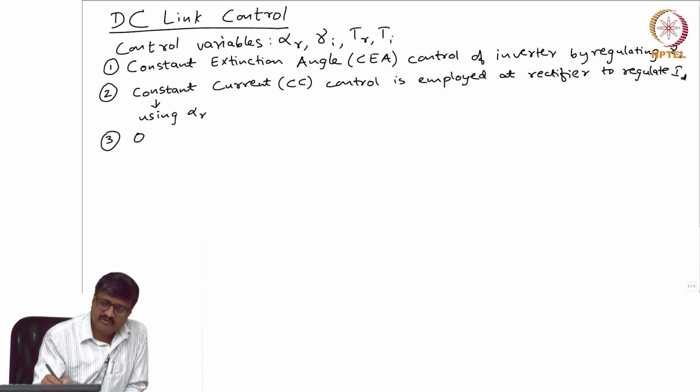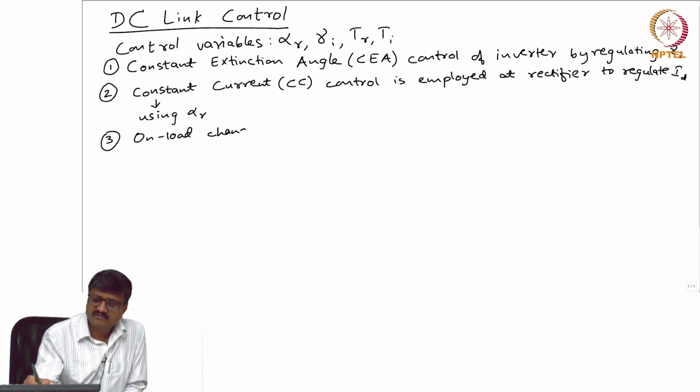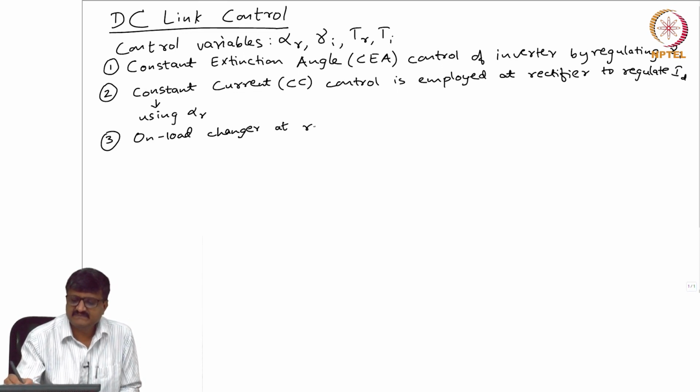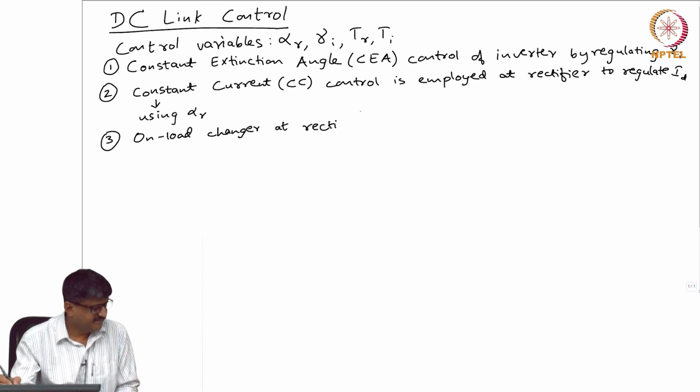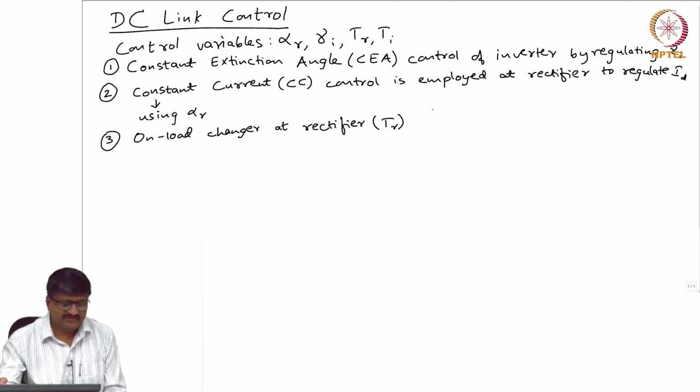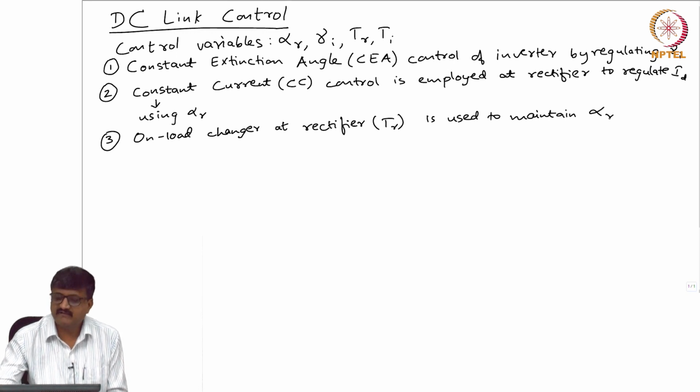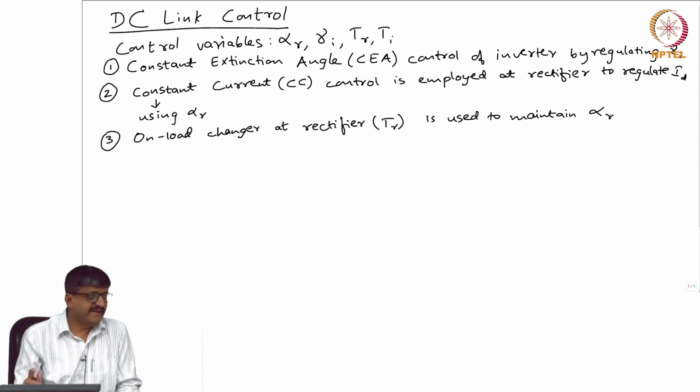So, the on-load tap changer at the rectifier, TR, is used to maintain alpha R within certain limits.